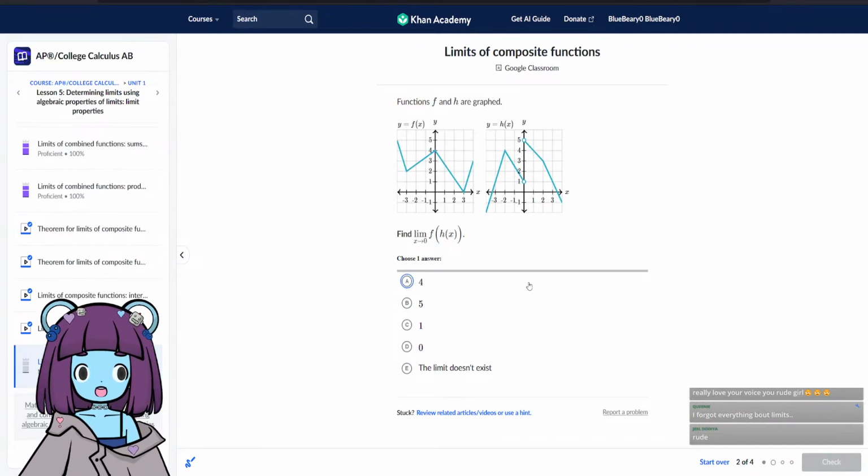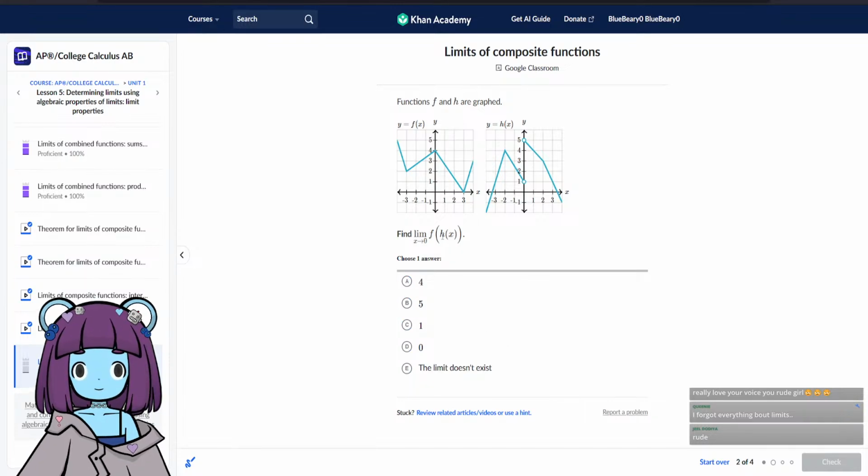We're gonna try it again. So h of x is 0. There are 2 sides, so we approach it from the left, so that's 1. And then we approach f of x, where it is 1, so that would be like 3 point something, or 2 point something.